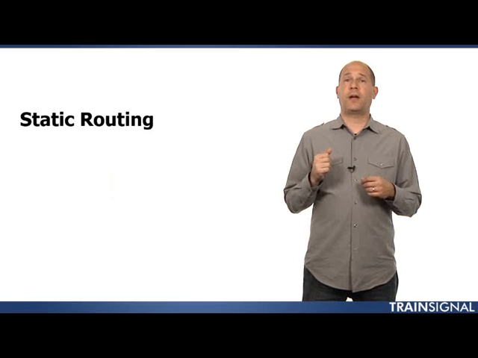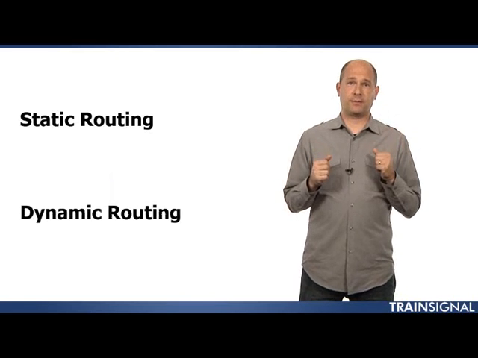So now when it comes to routing tables being updated, or we could say being configured, there's two different ways of looking at it. There's two different approaches. There's what's called static routing, and there's what's called dynamic routing.